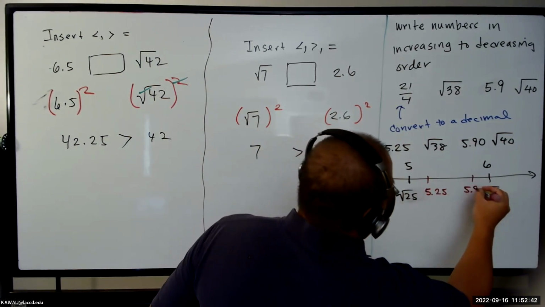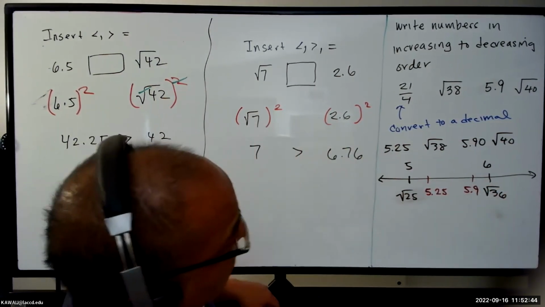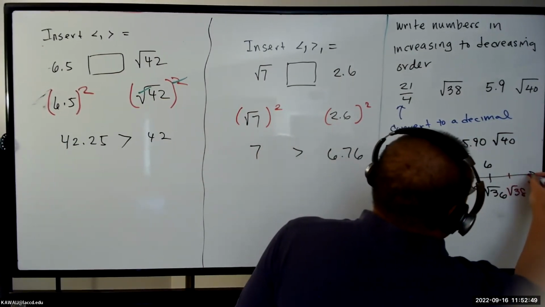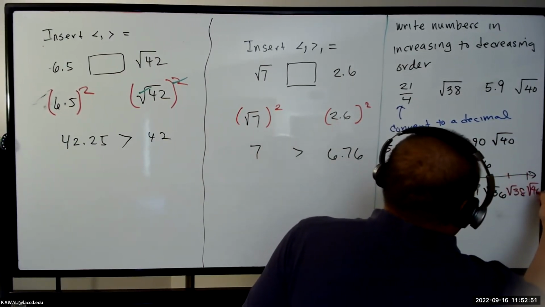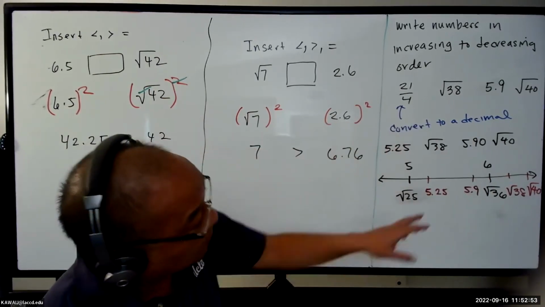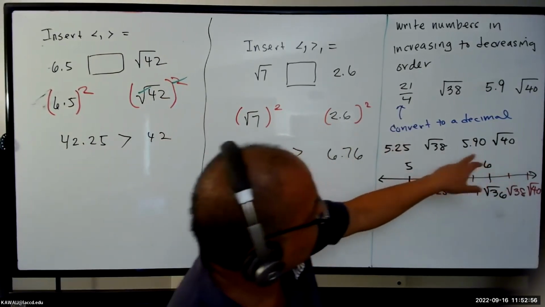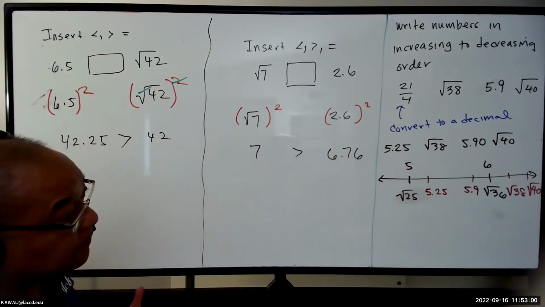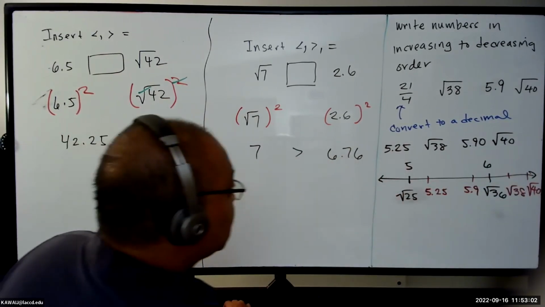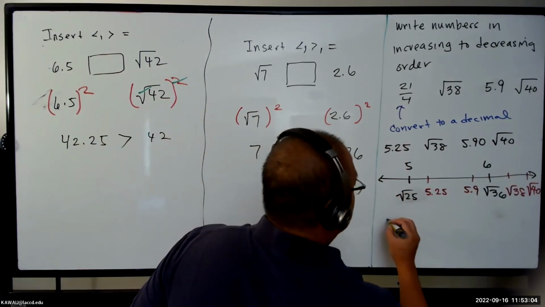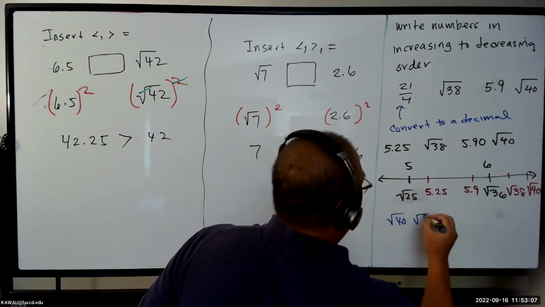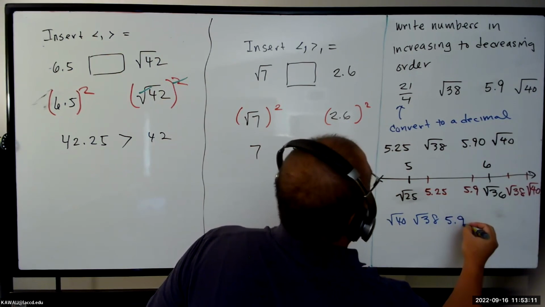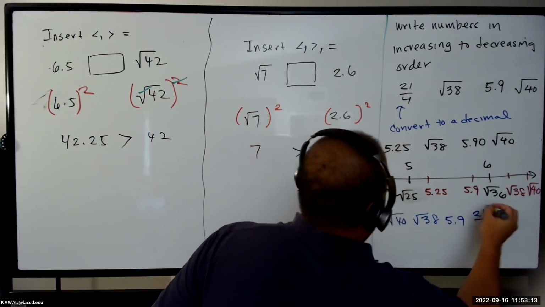My 5.9 is there. And then my square root of 38 is here, and my square root of 40 is there. Right? It makes sense that 40 is bigger than 38, so when I square root both, that 40 will be bigger. So then this turns into, right, we go big to small: square root of 40, square root of 38, 5.9, 21 over 4, like that.